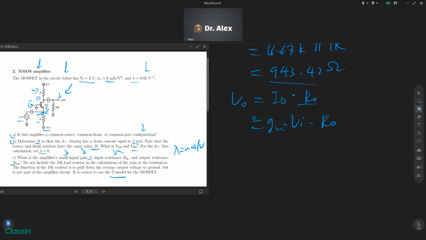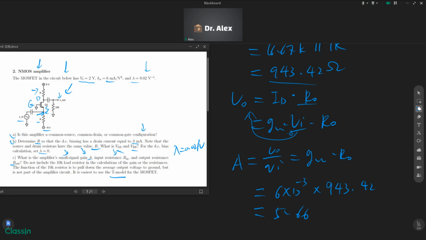Now it's quite straightforward, because the voltage gain is Vout divided by Vin. We just put Vin back in here. It's gm times RO, which equals 6 times 10 to the power of minus 3 times 943.2. So the final answer will be 5.66. That's the final answer.